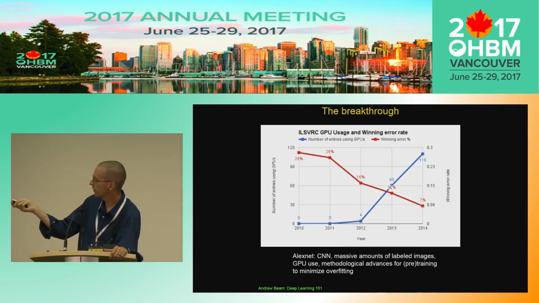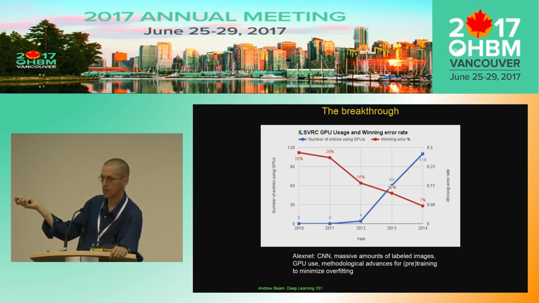Their error rate was 16%, but it basically beat the pants off of the second best competitor, which was 26%. And so this really woke up the community to the fact that these models can actually outperform existing models. They also used GPU units in order to train these models in a reasonable amount of time. Here you can see they were first used during that submission. Since then, GPU use has gone way up, and performance has continued to improve.